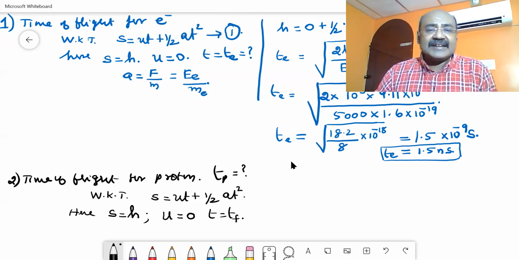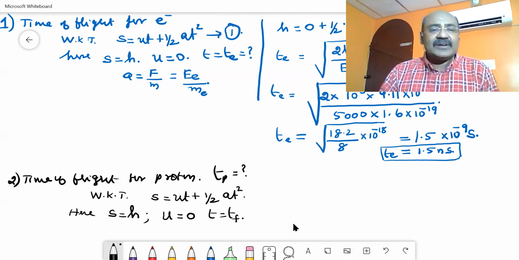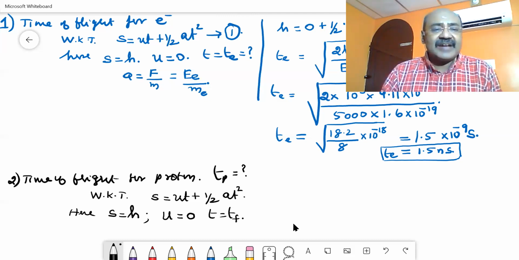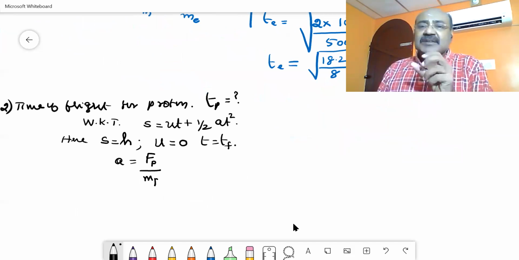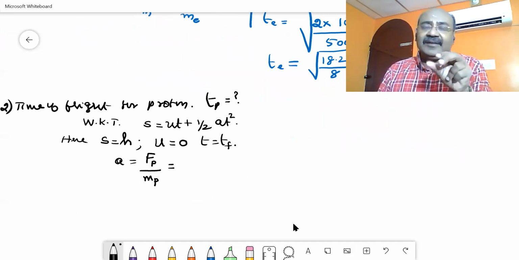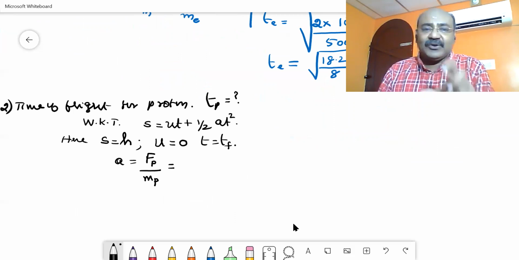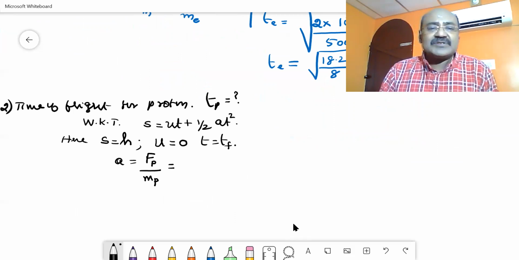I can consider the same formula. Acceleration is equal to the force acting on the proton divided by the mass of the proton. The charged particle kept inside the electrical field will experience a force, so the force experienced by the proton is E into the charge of the proton, ep, divided by the mass of the proton.